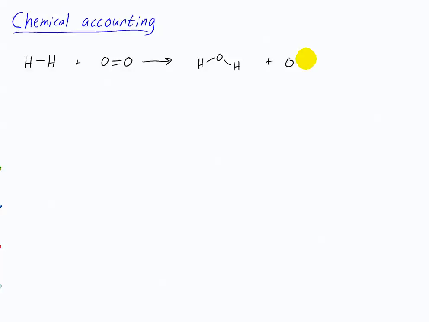So what we can say is, if we know that this actually isn't the case, which is true, what if instead we have two hydrogen molecules react with one oxygen molecule, and we make two water molecules at the end? Does that work? Is matter either created or destroyed in this scenario?